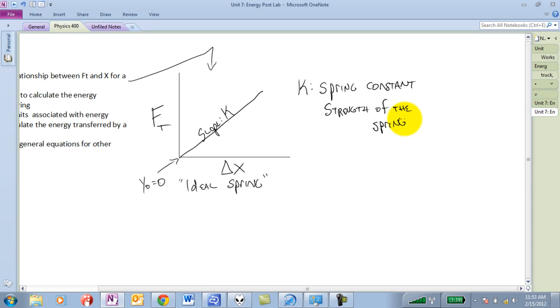From this and looking as a whole, what we can do is we can finally get the equation that we developed yesterday, which is for any ideal spring, you can say Ft for a spring is equal to the slope times what's on the x-axis, in this case, delta x. So this is for an ideal spring, so this is force of a spring.